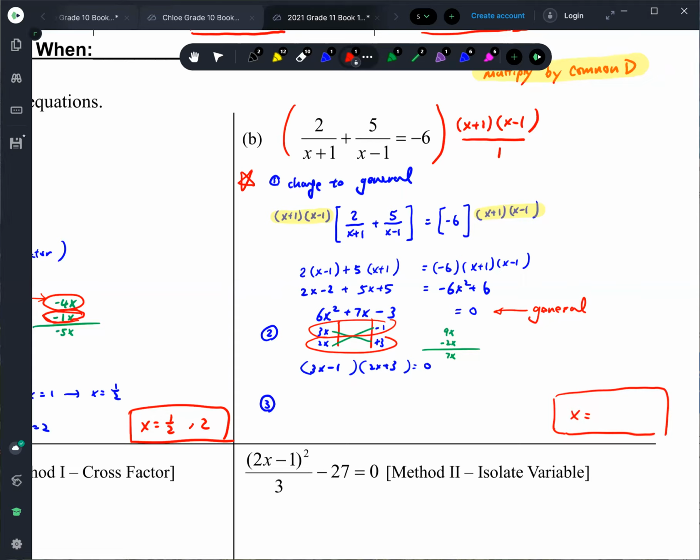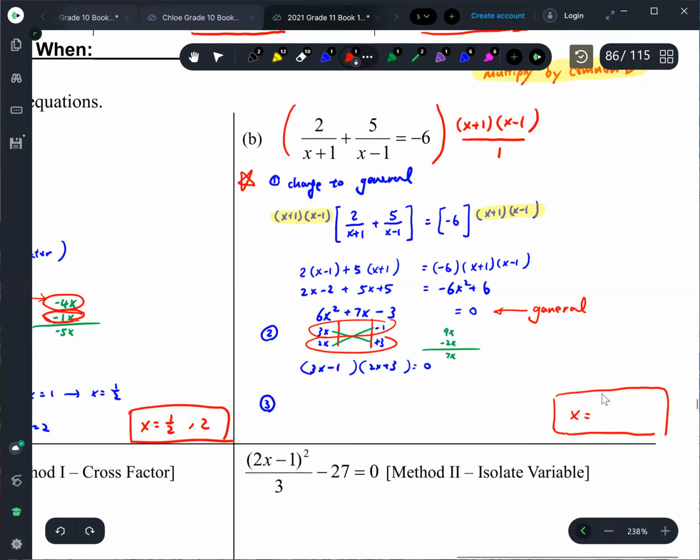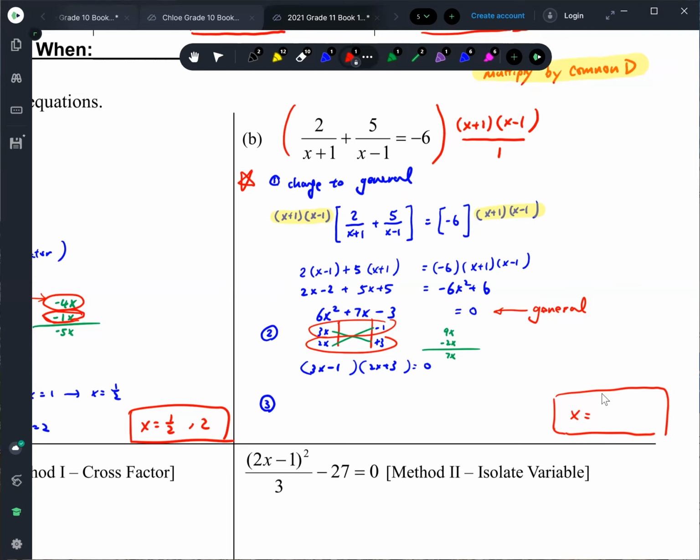All right, please raise your hand after you found the 2 x values.